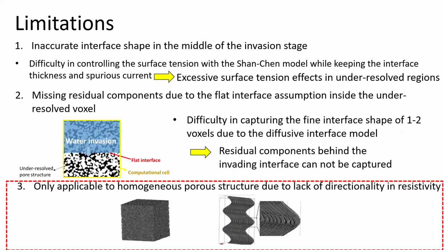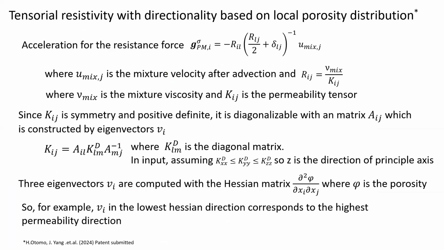We did this. So the last improvement is application extension. In some cases we assume a homogeneous porous structure, but in some cases, like fiber geometry, the resistivity has some directionality. So we try to handle this case.